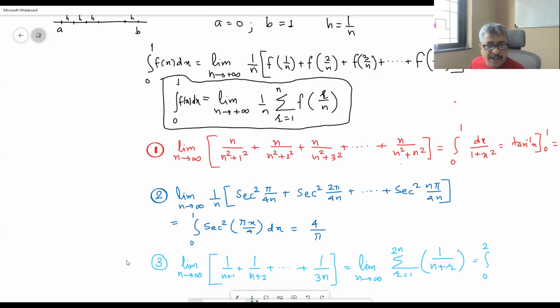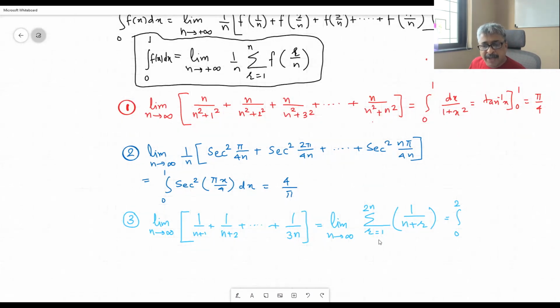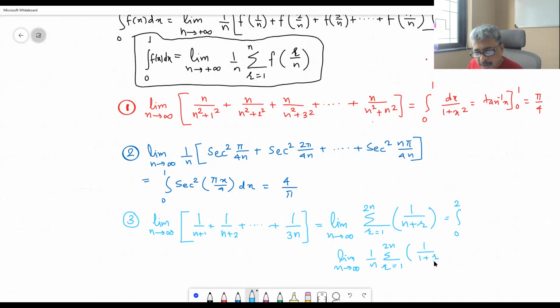So how do you convert that into 1 upon n sigma f of r by n form? So if you take n common, then we will get 1 upon n sigma r goes from 1 to 2n, limit n tends to infinity. If we take n common, then we have inside bracket 1 upon 1 plus r by n. Therefore our function is f of x, which is 1 upon 1 plus x.